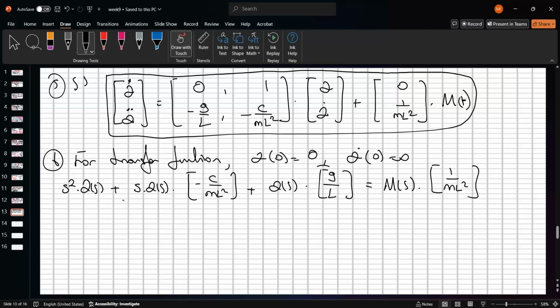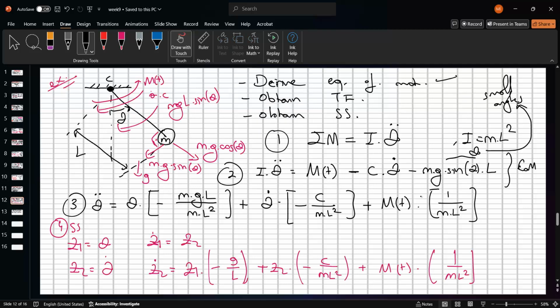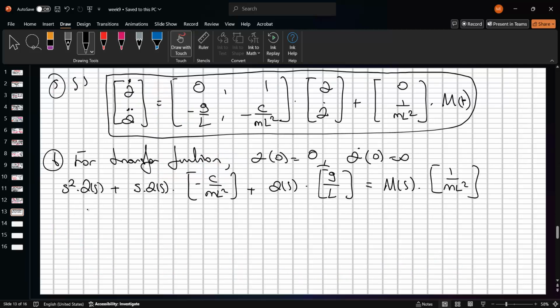This is simple. Just apply the Laplace transformation to this equation. And so if this is the case, we can collect the theta(s) value just like this: s squared plus s times minus c divided by ml squared plus g divided by l, which is equal to M(s) times 1 divided by ml squared, right?